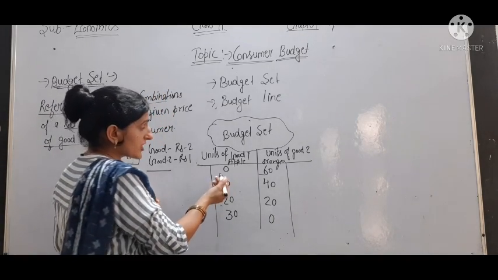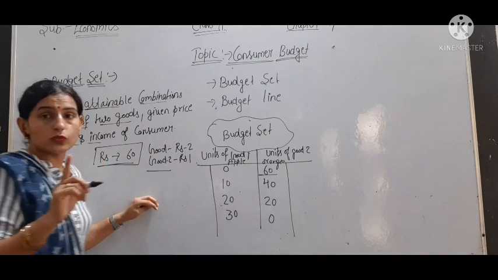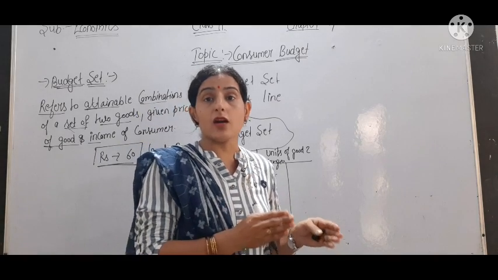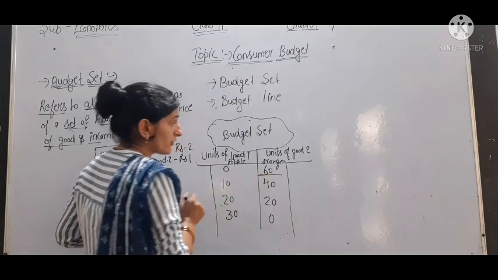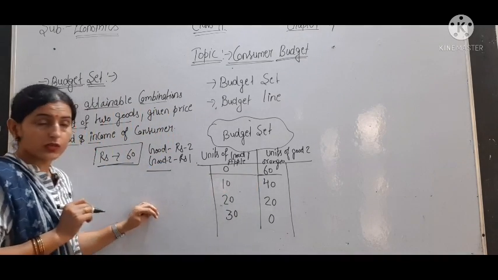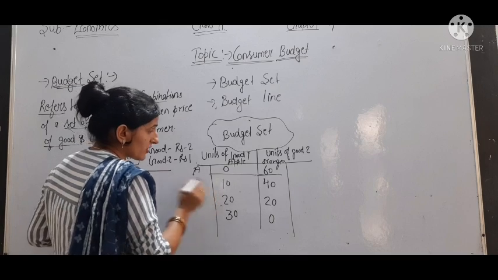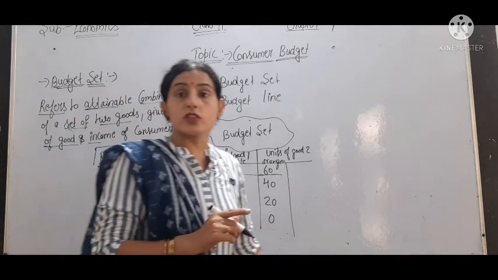First combination: when the consumer is consuming only good 2, spending his entire income on good 2, then he can purchase 60 units of good 2 and 0 units of good 1. So this is combination A. Then in combination B, the consumer can take 10 units of good 1.